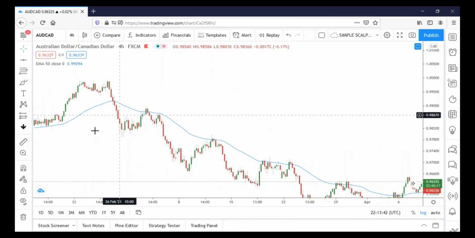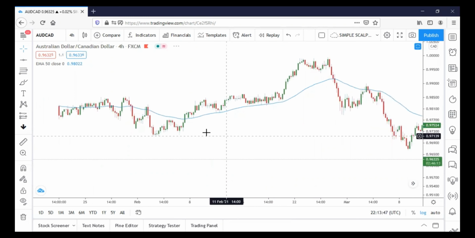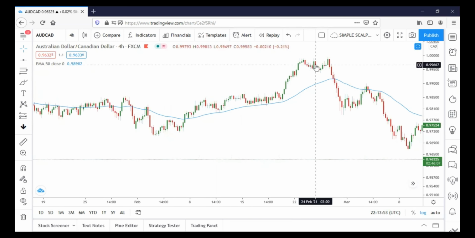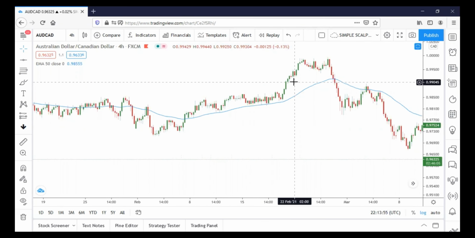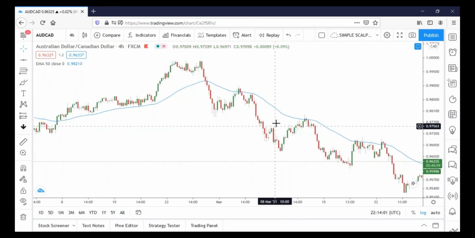Now let me scroll back a little bit. You will agree with me that once price is above the 50 EMA, it is an uptrend, and the moment it comes below the 50 EMA, it is a downtrend.